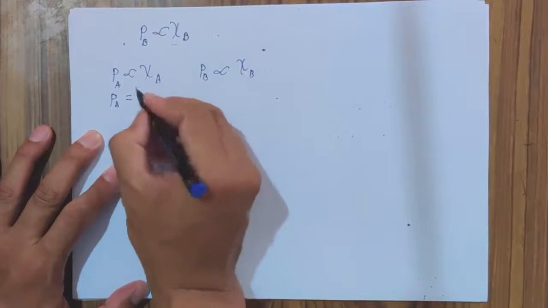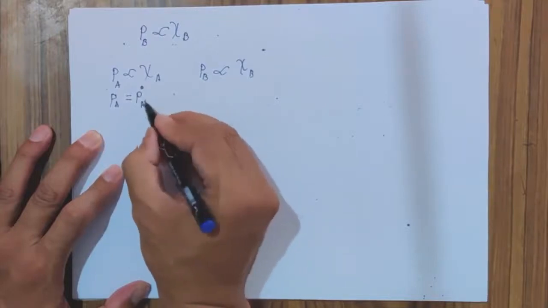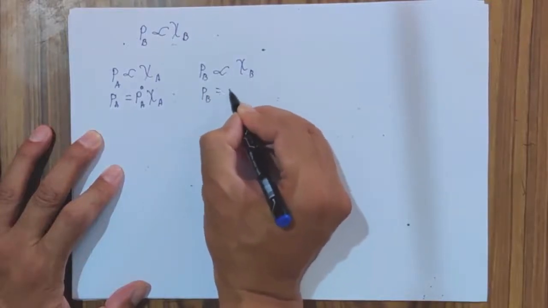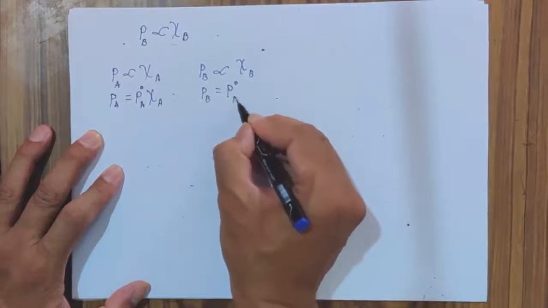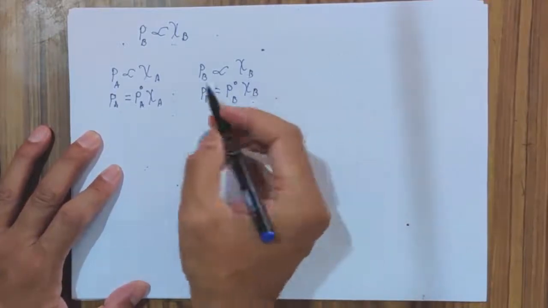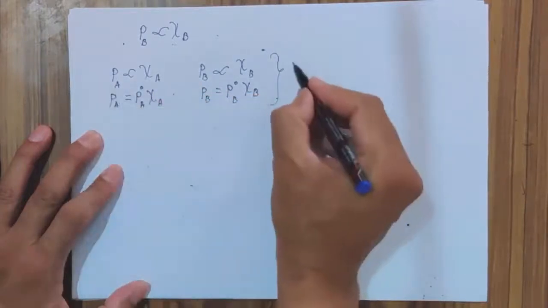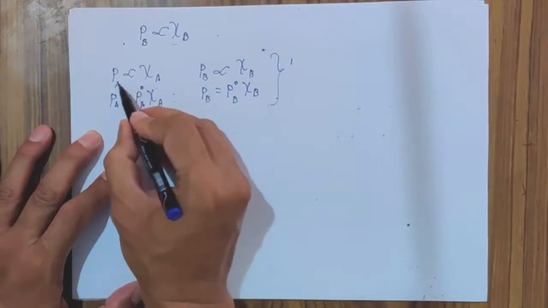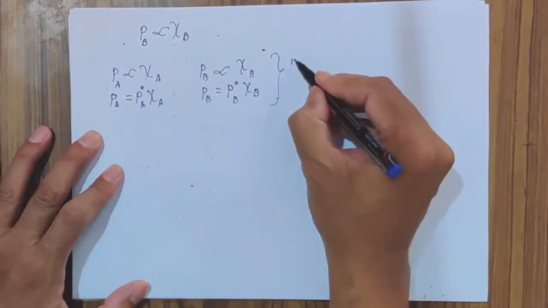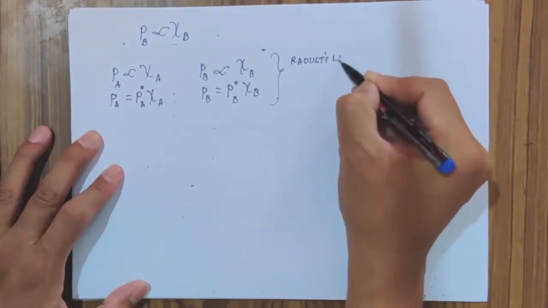Experimentally what they observe is that the constant is P not A, the vapor pressure of pure A, times chi A. Similarly, the partial pressure of B equals P not B times chi B. So Raoult's law is this statement: the partial vapor pressure of each component is directly proportional to its mole fraction.